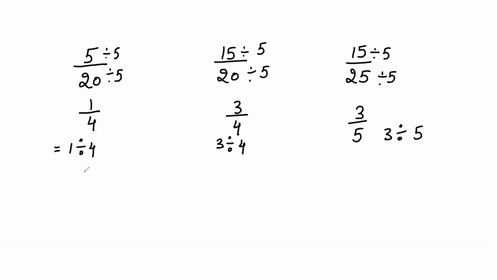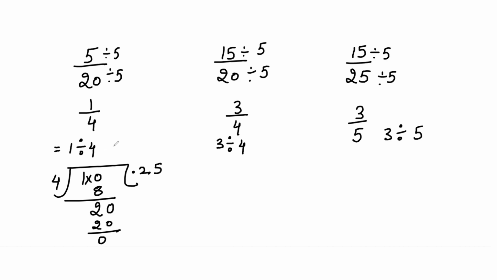We already discussed how to do this division. We don't have a 0 here, so I'll put a point and a 0. 4 2s are 8, so it's 2. I can cancel this. Once I put a point, I can cancel it, then add another 0. 4 5s are 20.